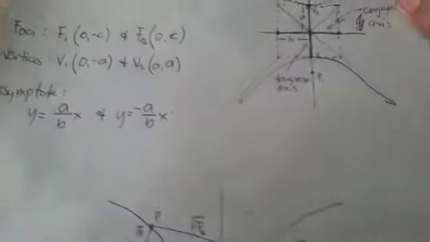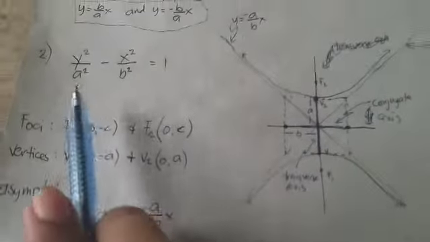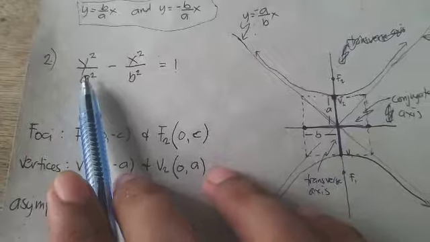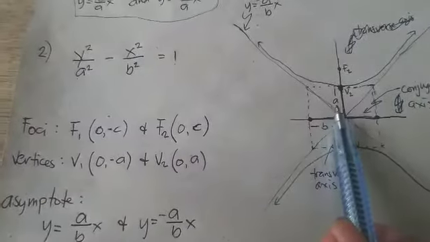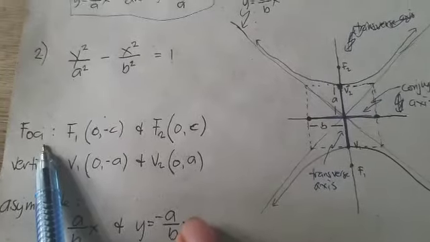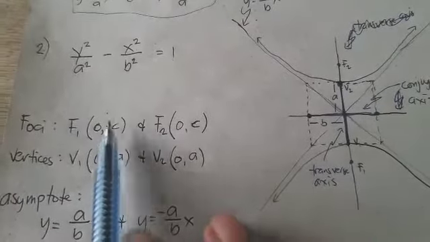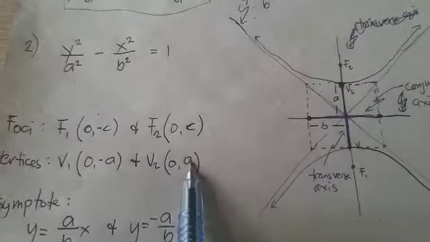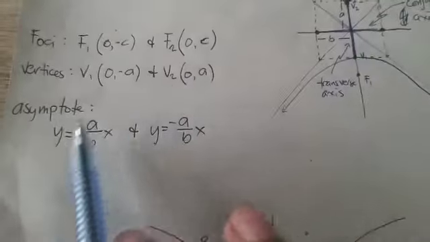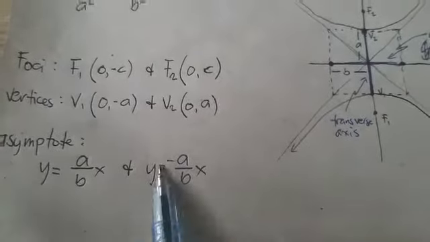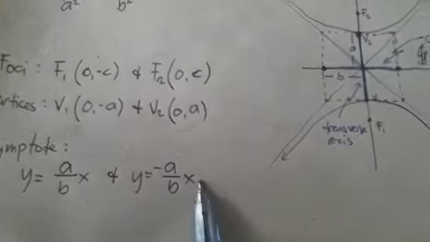If we look at the second equation, the positive term is along y, which means the transverse axis is vertical, or along y. So for our foci, the value of c is placed on y. The vertices are also on y, with the value of a. And now the asymptotes would be a over b x and negative a over b x.